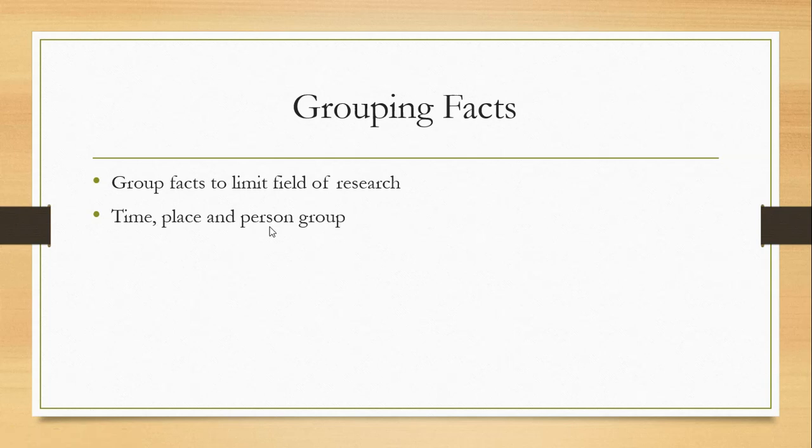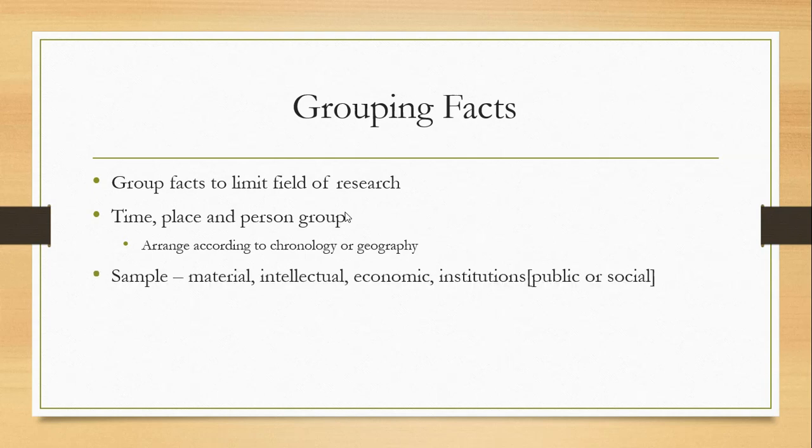You'll start grouping them according to generals or officers, something like that. So your grouping can be done in any way, whatever you find comfortable, or whatever you find is required for your research. Either you can arrange them according to chronology, which means time period, or you can arrange them according to geography, that is place.